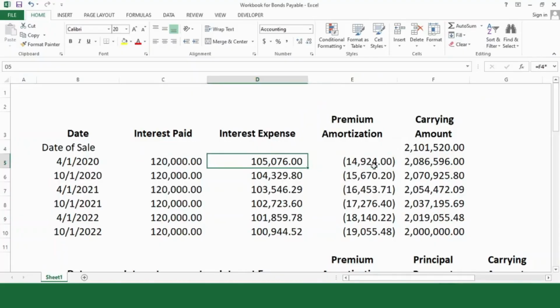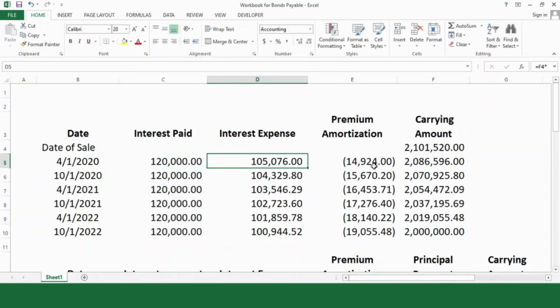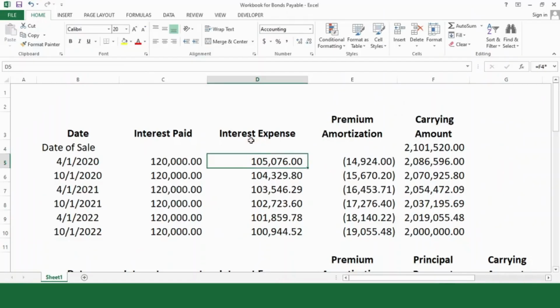So, 120,000 semi-annual, 6% based doon sa 2 million. Okay, so respectively iyan, good for 6 periods. Then, ang interest expense, 5% iyan, kasi semi-annual tayo. 10% divided by 2, 5%. 5% times 2,101,520. So, the difference of interest paid and interest expense, that pertains to amortization of premium.